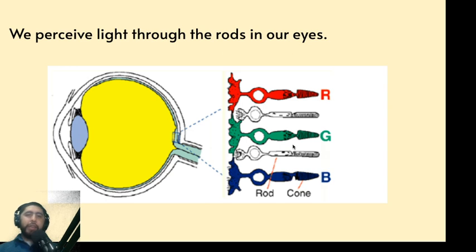It's a funny comic. So we perceive light through the rods in our eyes. So within our eyes, we have red cones, green cones, and blue cones. And each of those represent different color wavelengths we're able to perceive.